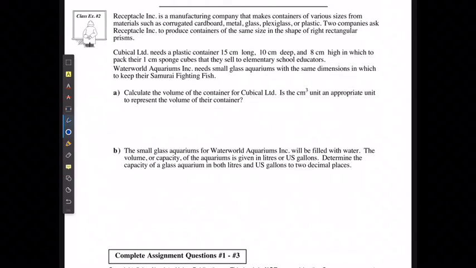Cubicle Limited needs a plastic container 15 centimeters long, 10 centimeters deep, and 8 centimeters high, in which to pack their 1 centimeter cube sponges. Water World Aquarium needs small glass aquariums with the same dimensions in which to keep their samurai fighting fish.